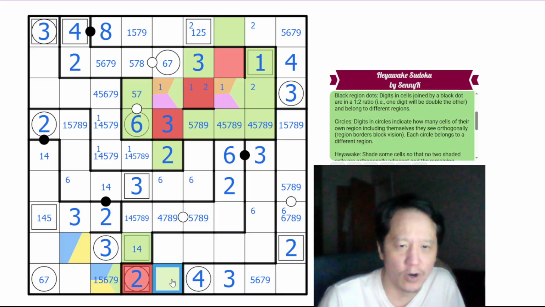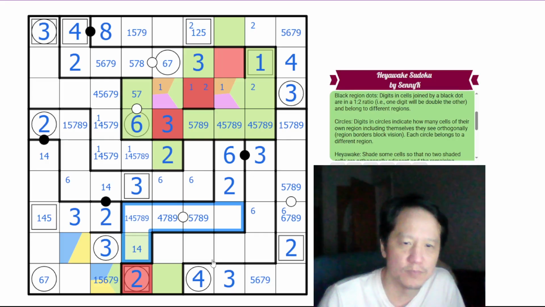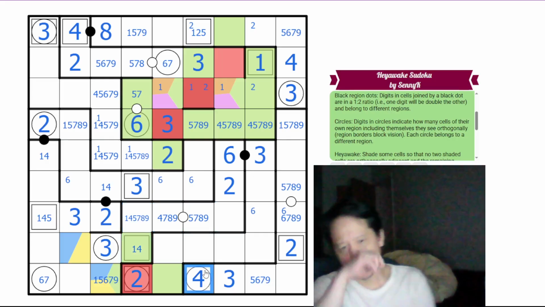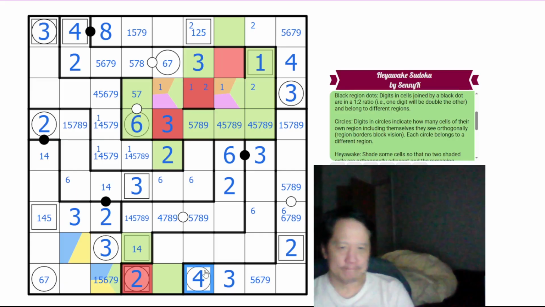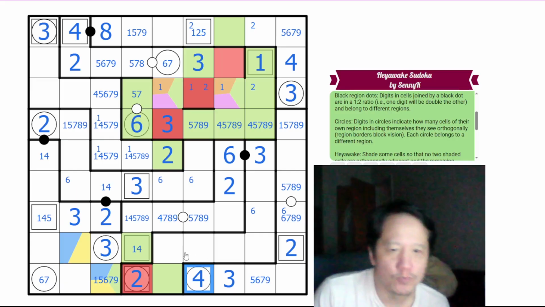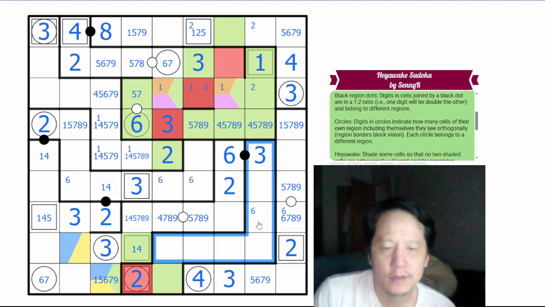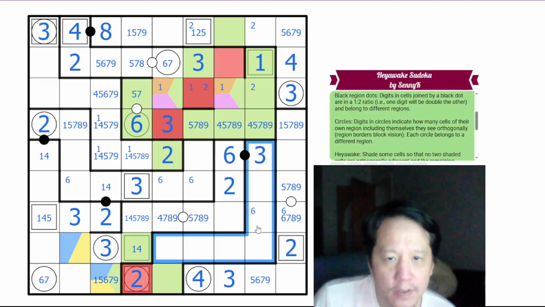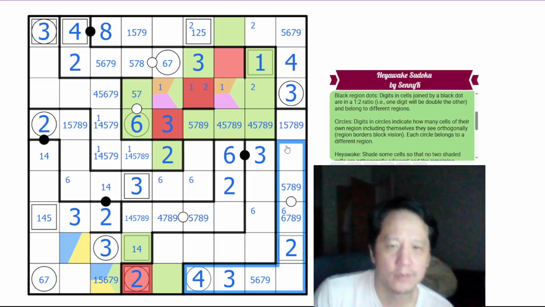This has 1 more. And this could be 1. What happens if this is 1? That means there's 1 more here. There's 2 total here. That's interesting.